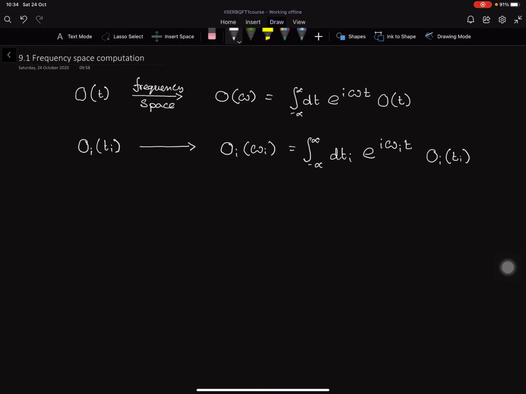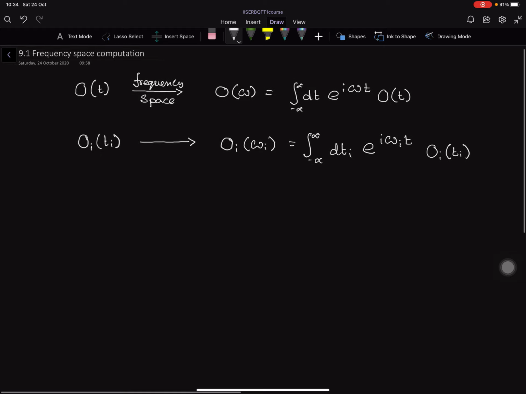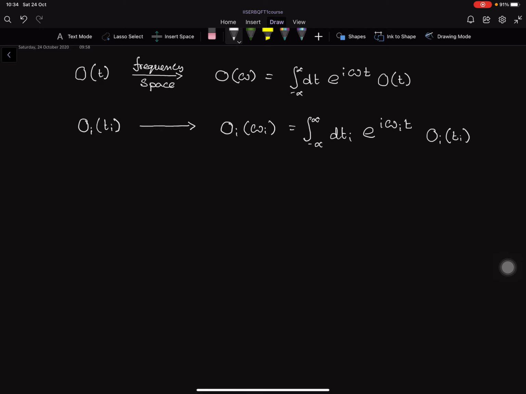This is the way we will get the Fourier space expression for the propagators. So now what about correlators? Let's say there is an n-point correlator which is of this form.